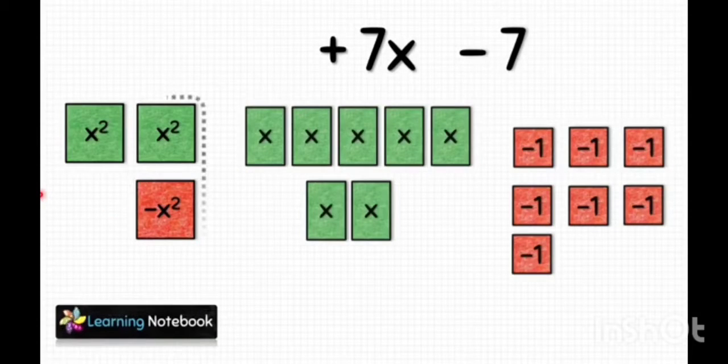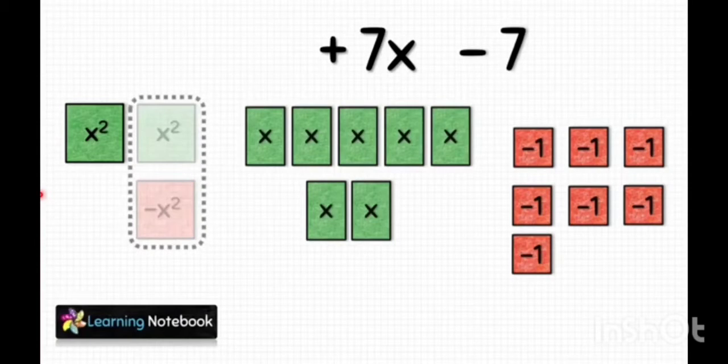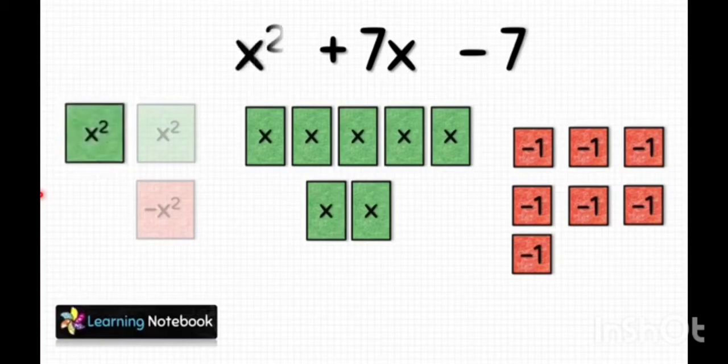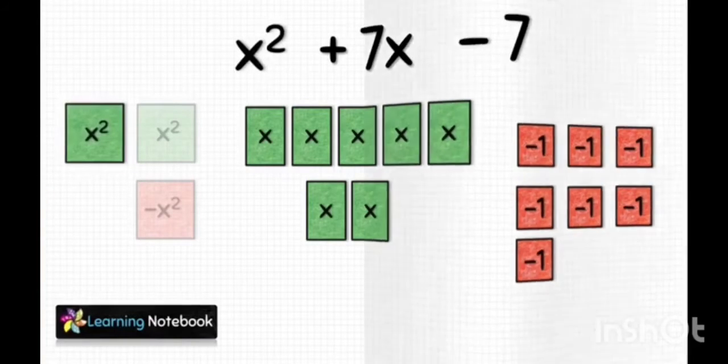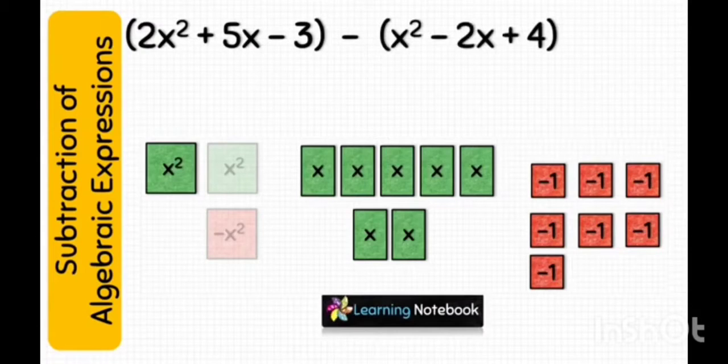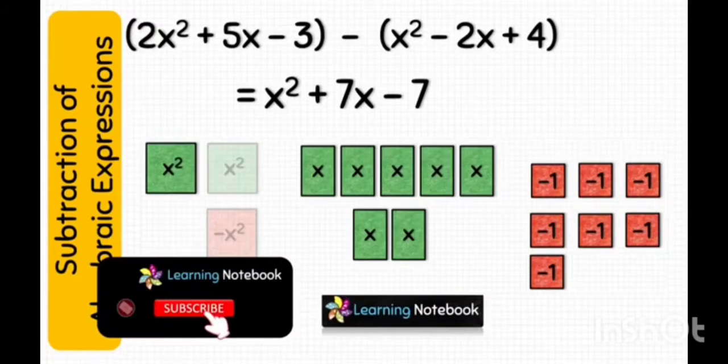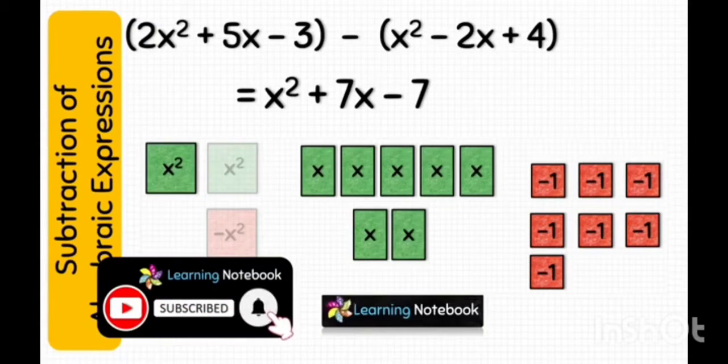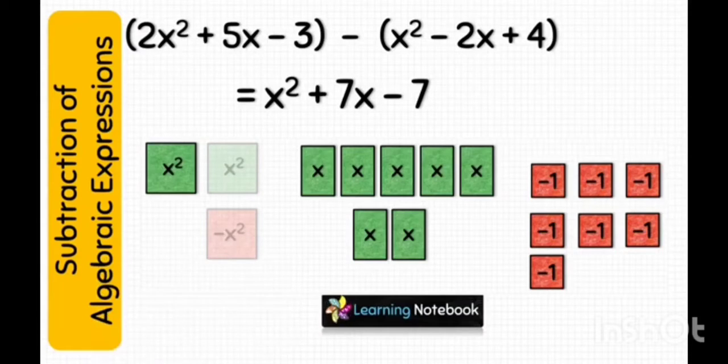That is minus x square and x square. So we are left with only one x square. So the difference of two given algebraic expressions is x square plus 7x minus 7. So students, this is how we can do subtraction of two given algebraic expressions with the help of this activity.